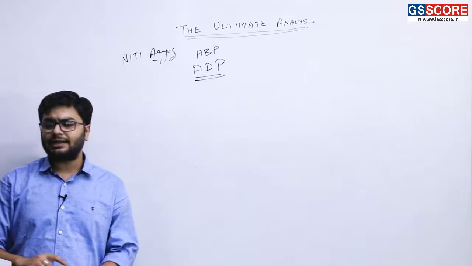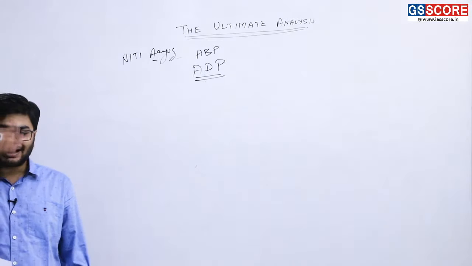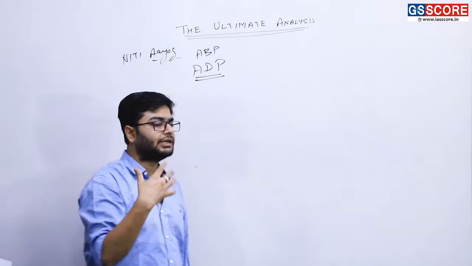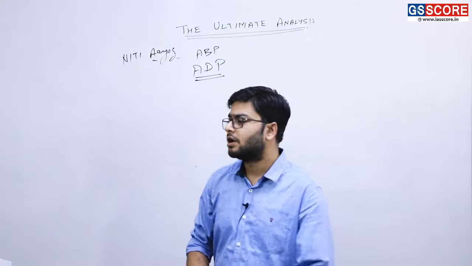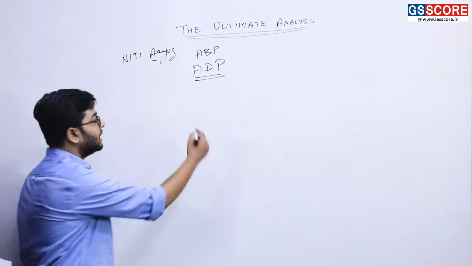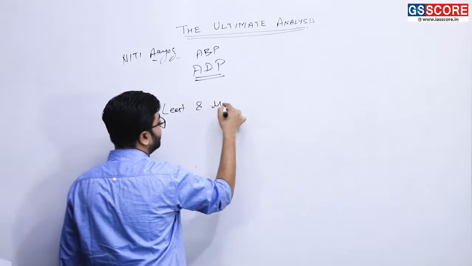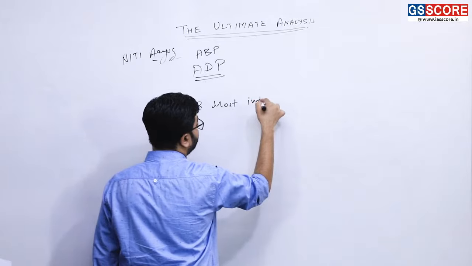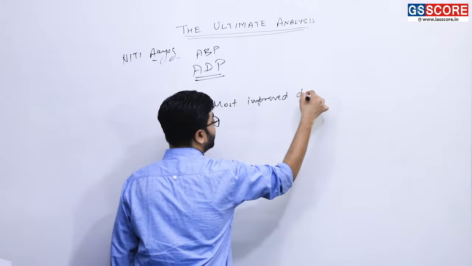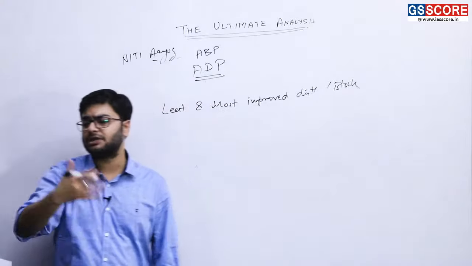The delta ranking method basically ranks the districts on multiple grounds. For example, it would rank the districts on the improvement parameters, that is, least and most improved districts. In that case, blocks, because the block program is getting underway.